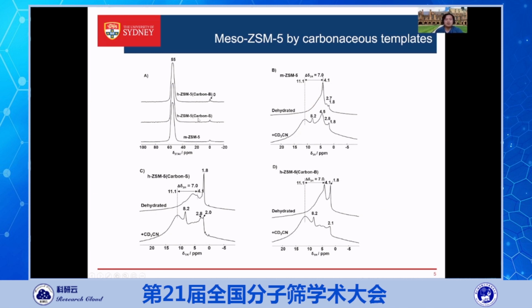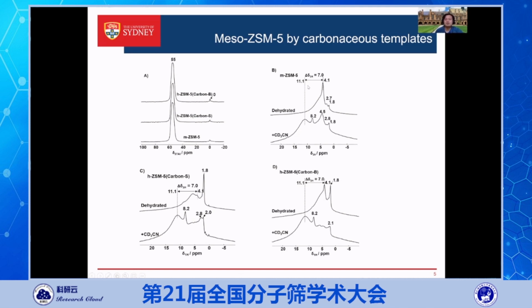Whether we used the small particle carbon template or the big particle carbon template, there is no big difference in their local structure. The aluminum is dominantly 4-coordinated in the framework, with only a very small amount of 6-coordinated extra-framework alumina species.